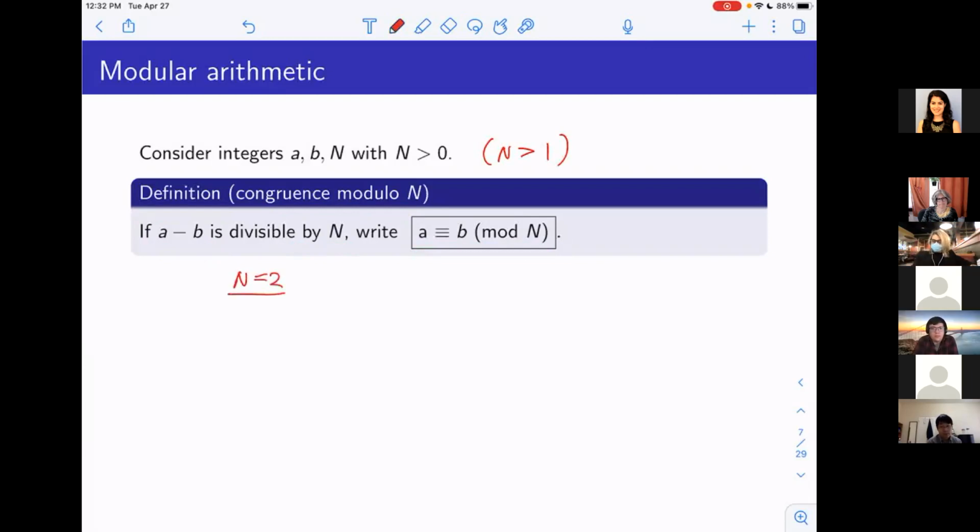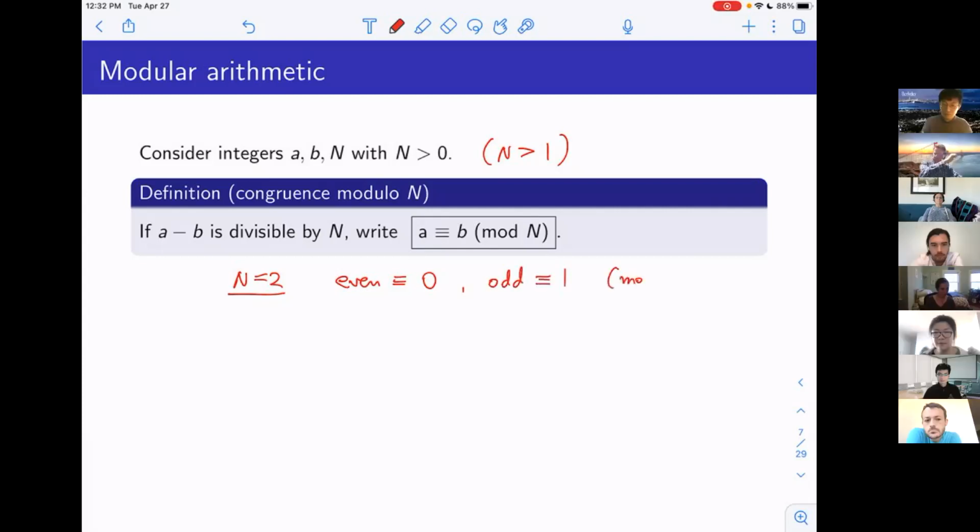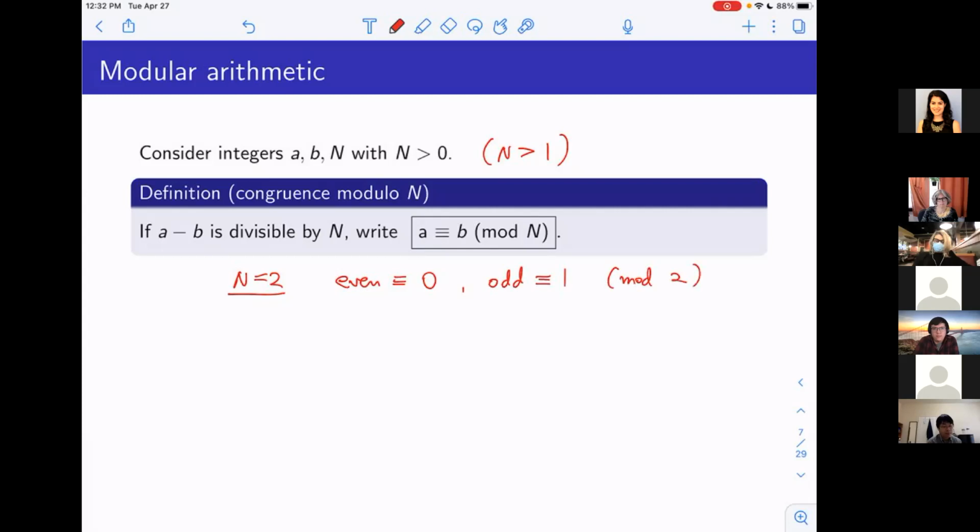In this case, every even number is congruent to 0 because the difference is divisible by 2, and every odd number is congruent to 1 modulo 2. So in some sense, there are only two numbers, 0 and 1, just like how you would communicate with the computer, right? There are only 0s and 1s, and then you can actually add and multiply numbers just like you would integers.